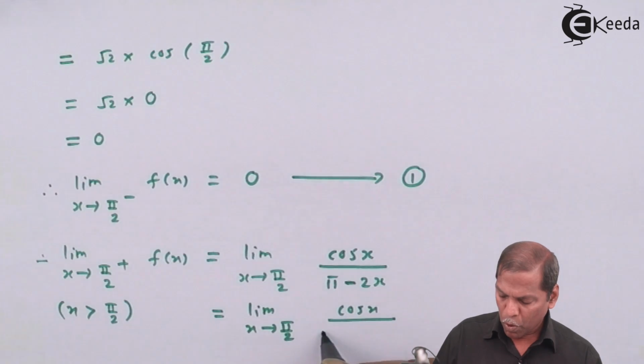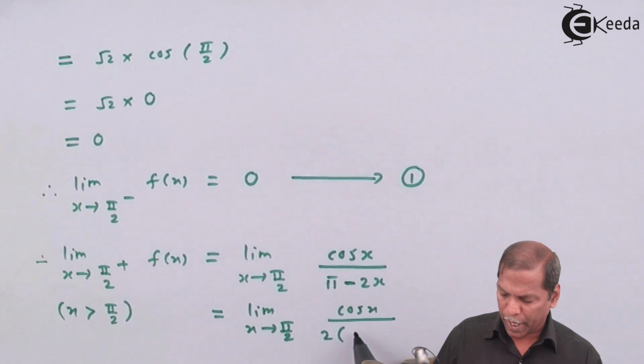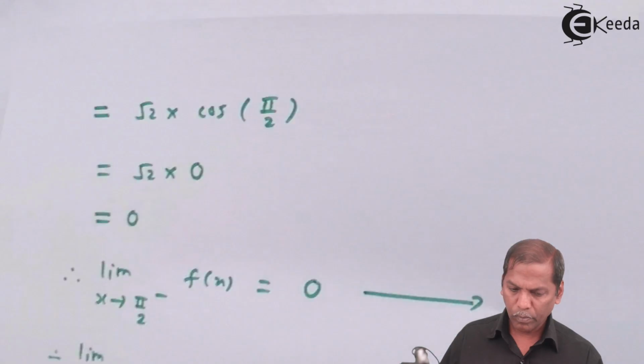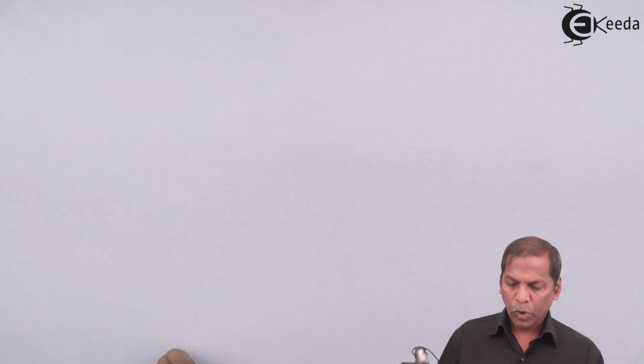So we have 2 in bracket pi by 2 minus x. Then here the rule of limit for the cosine function is limit x tends to 0 cos x is equal to 1.